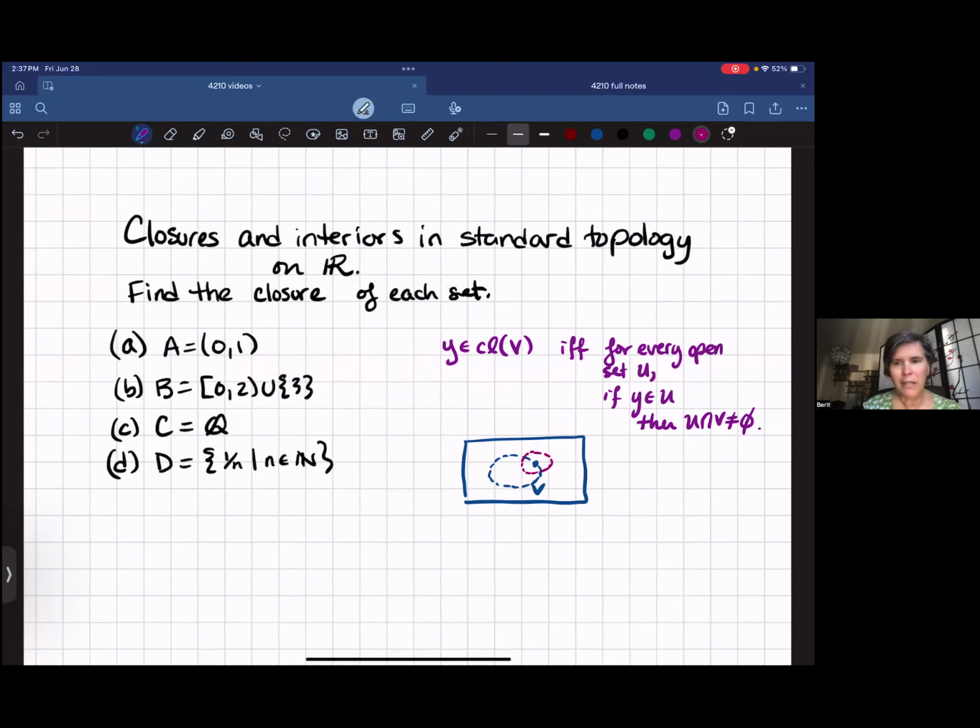So if Y has this property that every open set I draw around it touches V, then that means Y is in the closure of V.